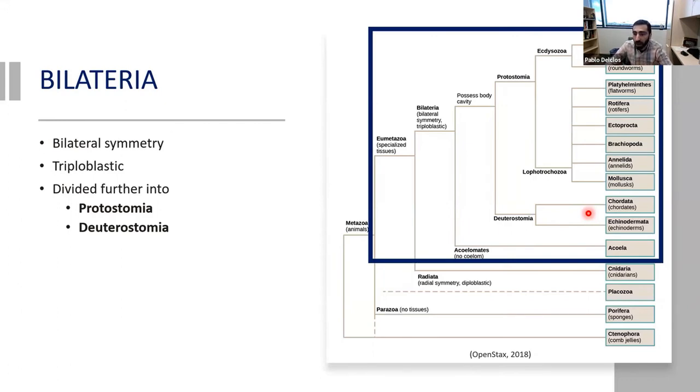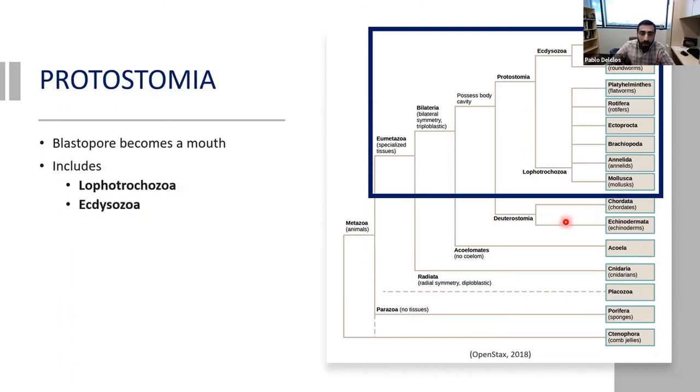Gastrulation is the process of forming that cavity of the blastula. So remember, if the blastopore becomes a mouth, you've got a protostome. If it becomes an anus and can start chunking deuces, it becomes the deuterostome. So within the protostomes, the ones whose blastopore becomes a mouth, we can divide this yet again into the Ecdysozoa and the Lophotrochozoa.